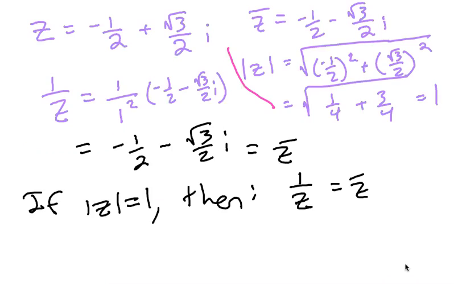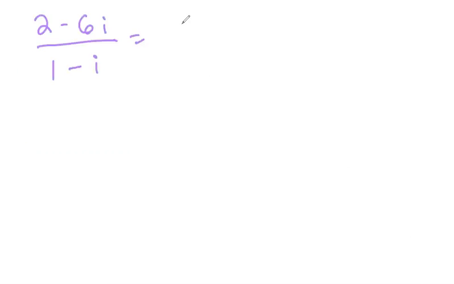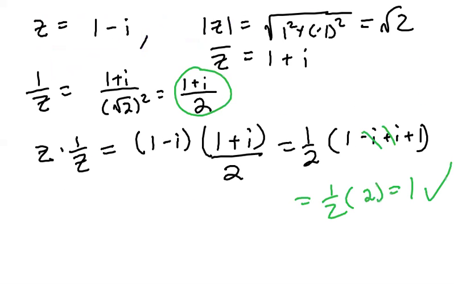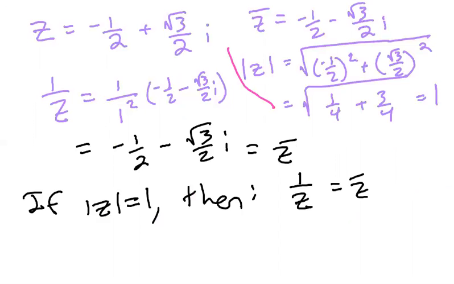Well, let's go back here. It's going to be 2 minus 6i times 1 over 1 minus i. And I think I did this right. Yeah, this is one we already found the reciprocal of. So 1 plus i divided by 2.